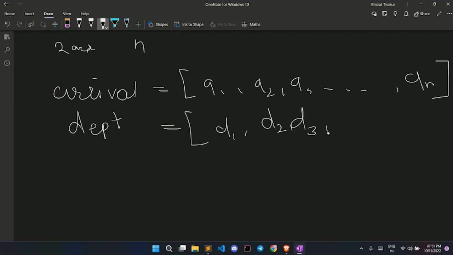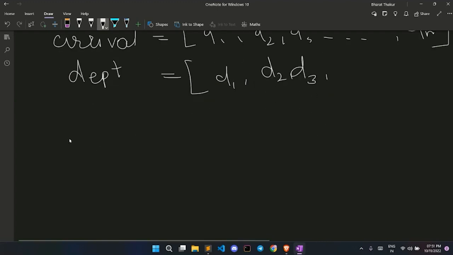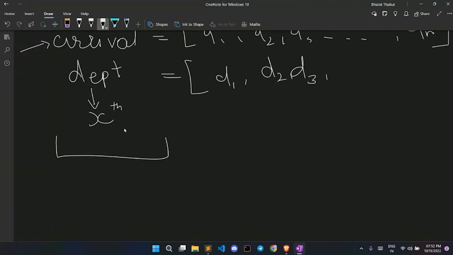And no two trains can have the same time. Like if you have only one platform, then a train which is going to go at an exact moment, then any train which is arriving cannot arrive at that moment. Okay.